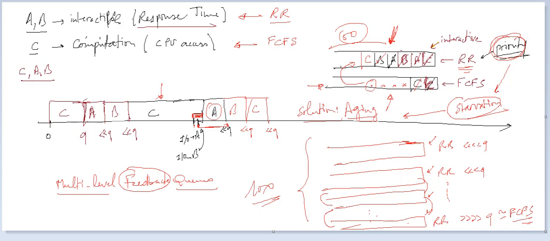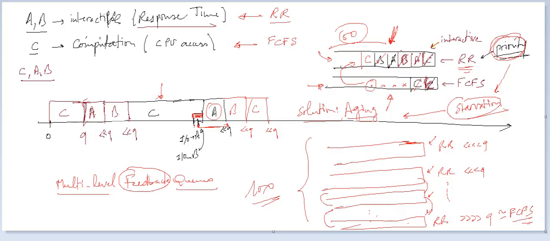It's going to make you like a VIP process. So you're going to move from one level to another until you get to the highest level, and that way, even if you have to wait because you have a lower priority than other processes, at some point definitely you are going to be able to use the CPU, and that's how we deal with starvation.